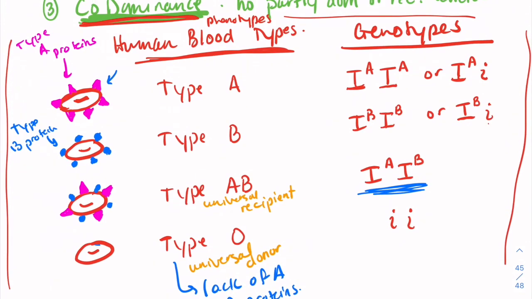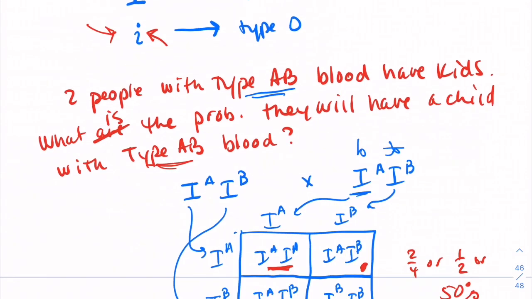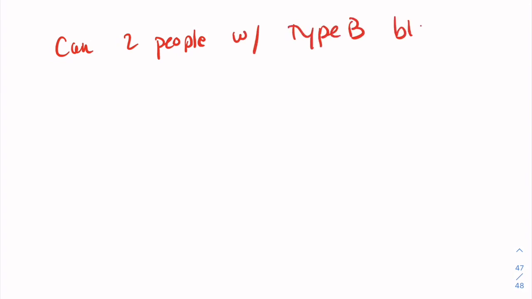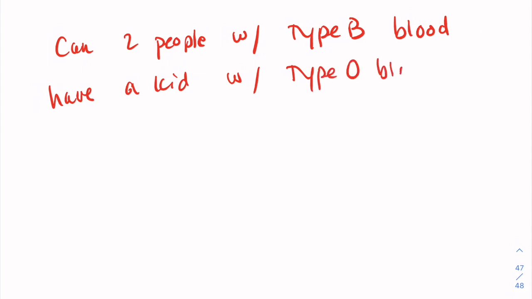Let me ask you something else. Can two people with type B blood have a kid with type O blood? Can they? Is it possible?